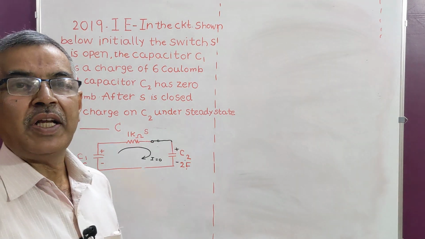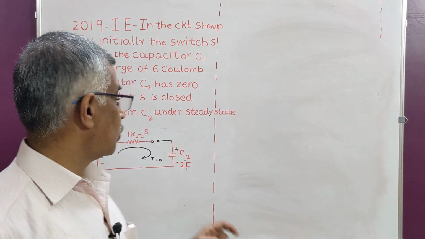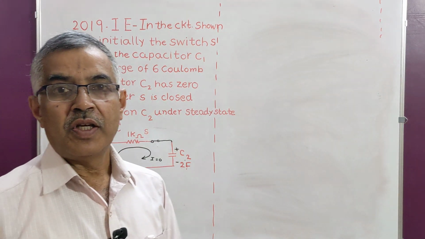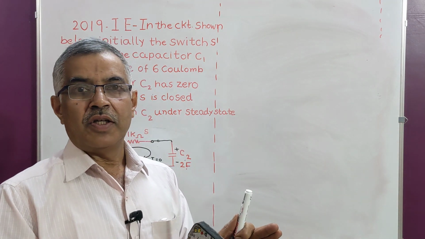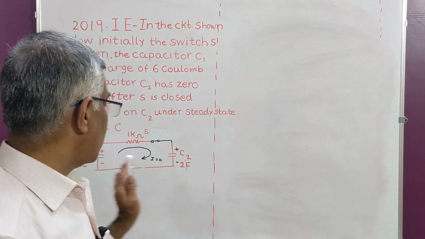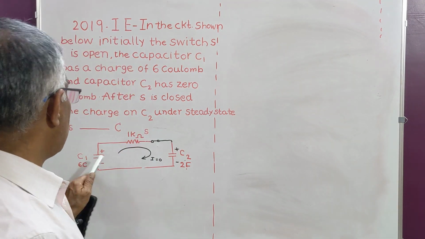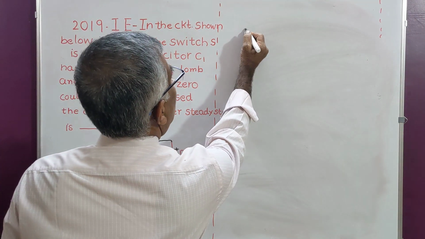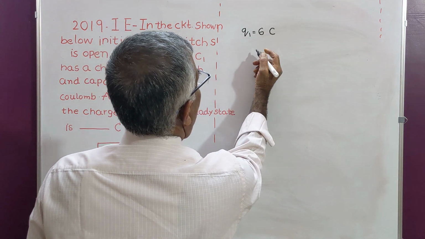Ultimately we have to find out what the charge is. So 6 coulombs is in the system, and it is to be distributed among these two capacitors. 6 coulombs means Q1. What is the voltage?